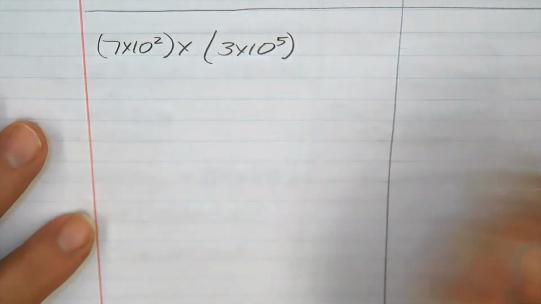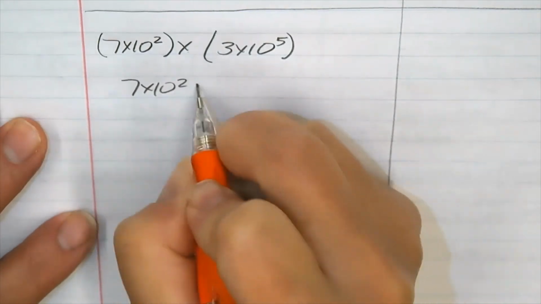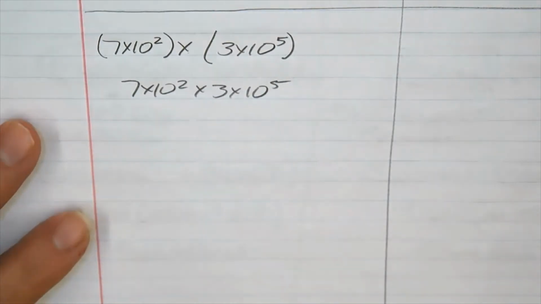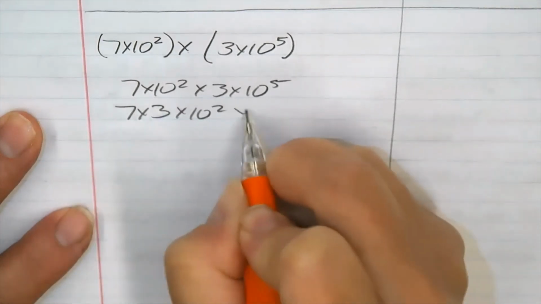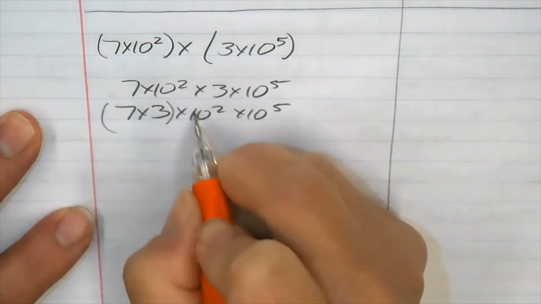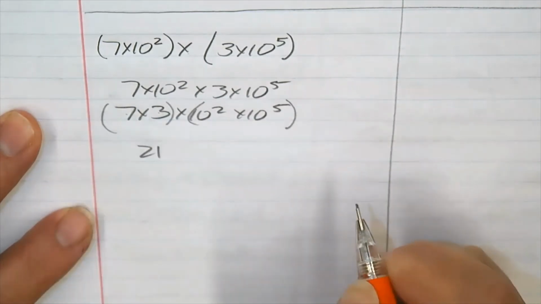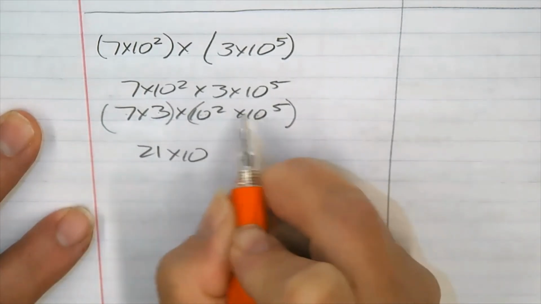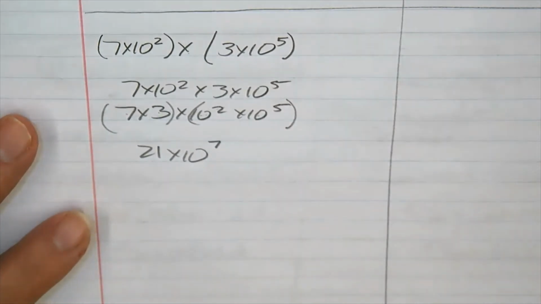So here again, because everything's multiplied, we can do away with those parentheses. The commutative property says we can rearrange these. And then the associative property says that we can regroup them. So 7 times 3 is 21 times 10. Since my base is the same, I'm going to add the exponents. 2 plus 5 is 7.